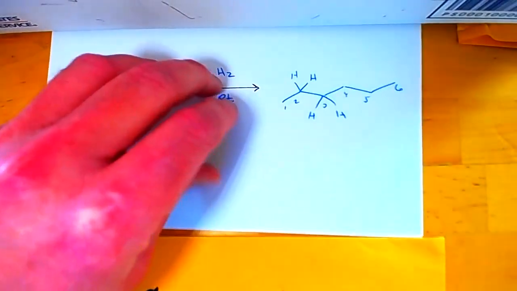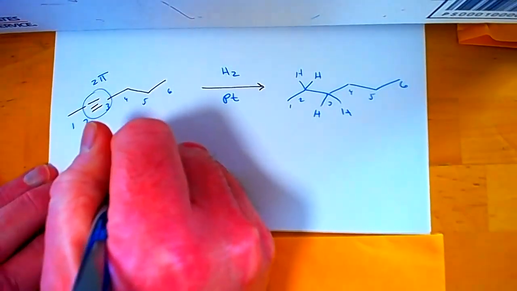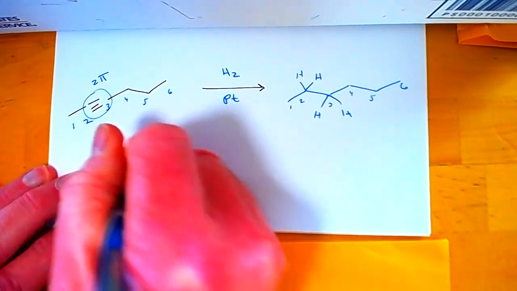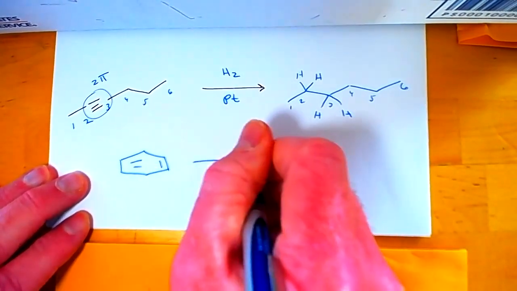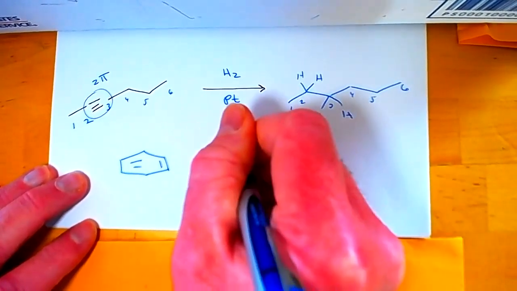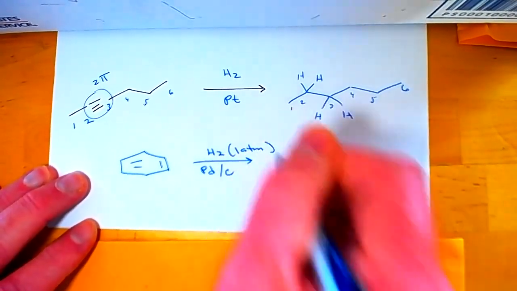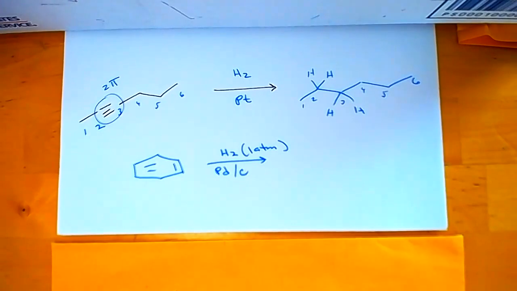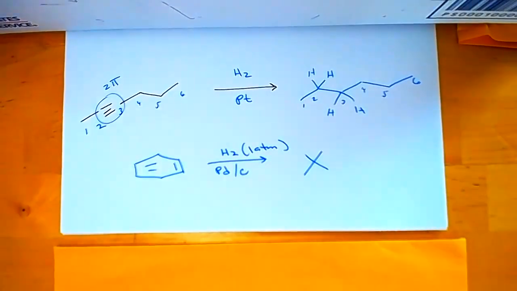Now, the one system that is pretty resistant to this is benzene. If you try to do this under normal conditions, and what I mean by that is 1 atmosphere of hydrogen, that's not going to cut it. You can get benzene to react if you use very high pressure hydrogen and heat it up.